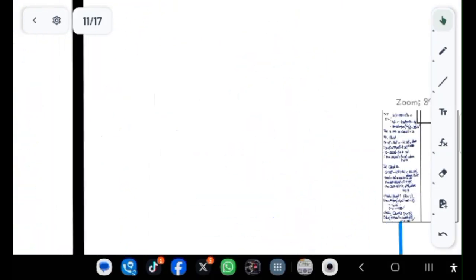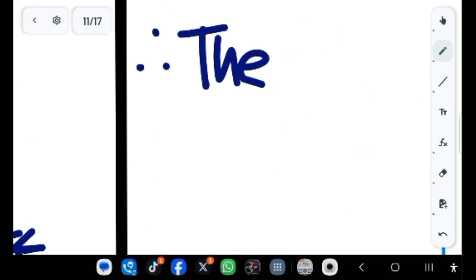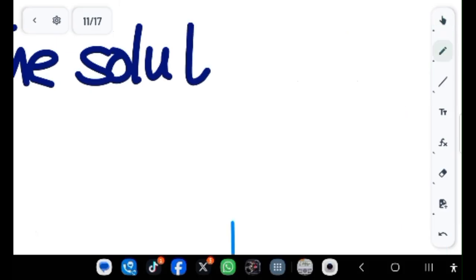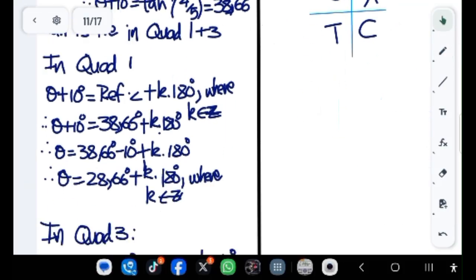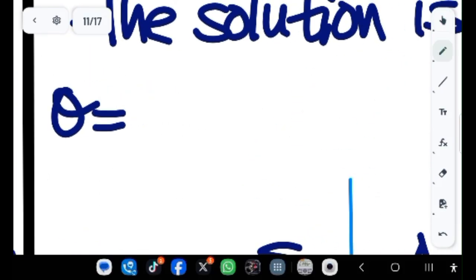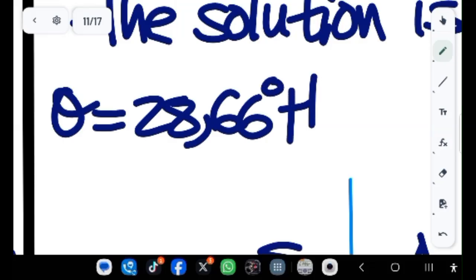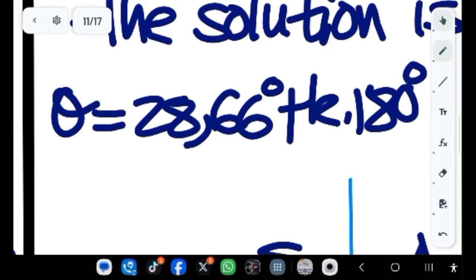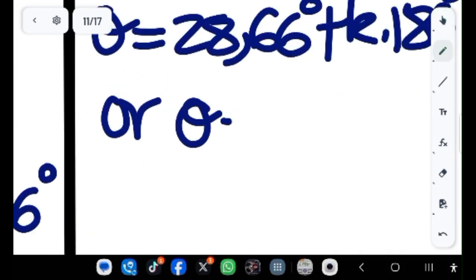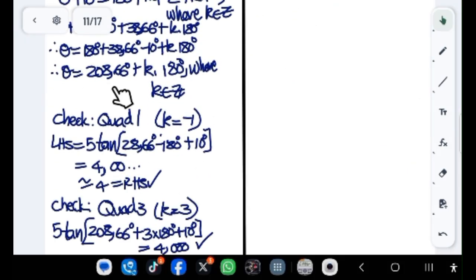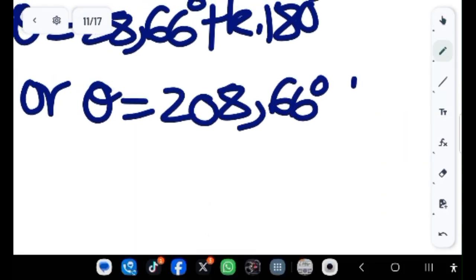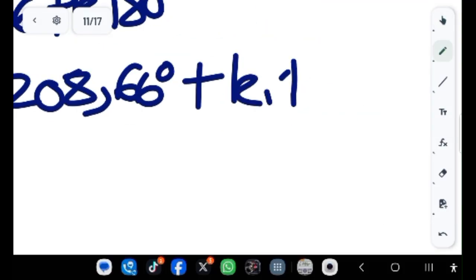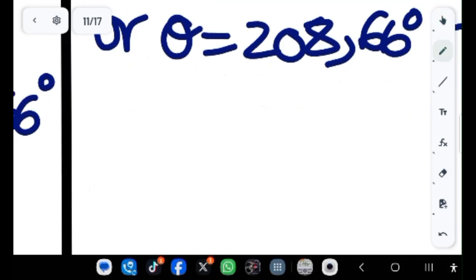So therefore the solution is, we're not done. Therefore the solution is theta equals 28.66 plus k times 180 degrees, or theta equals, the second one, 208.66 degrees plus k times 180 degrees, where k is an element of integers, don't forget that.